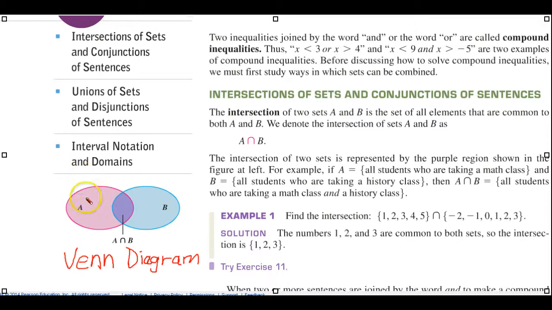So if we had, let's say, 1, 2, 3, 4, 5, 6, 7, 8, that in set A there was 1, 2, 3, 4, 5, and in set B there was 4, 5, 6, 7, 8, those elements that are found in both sets, that is, in the sense intersect, are 4, 5.